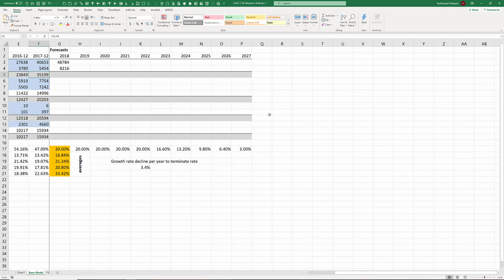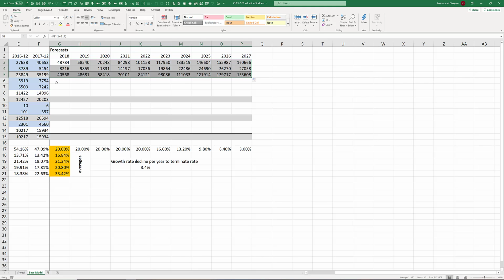So then the gross revenue will be that. Let's get rid of the decimal places. Now if you copy that over, we will get the revenues going forward and the gross profit for the 10 years.